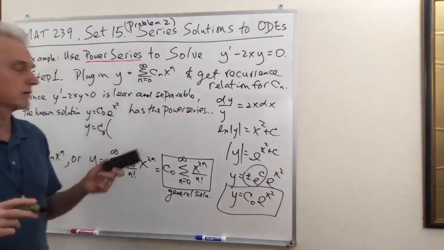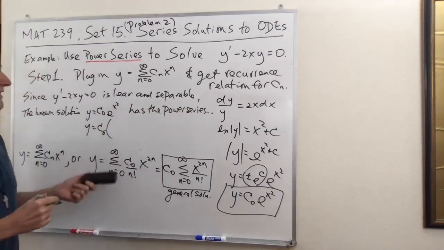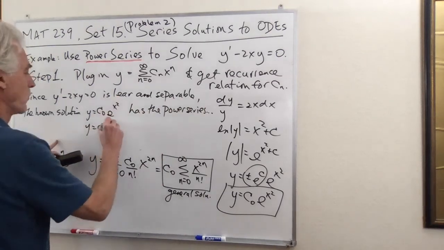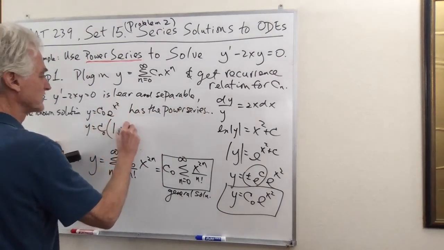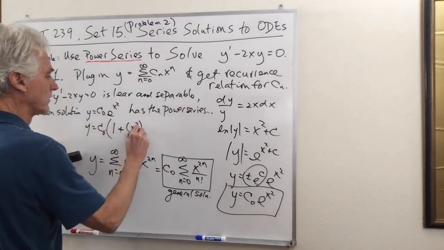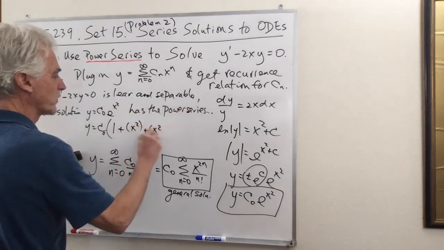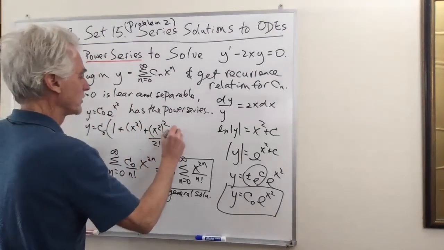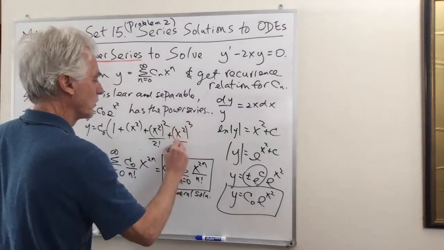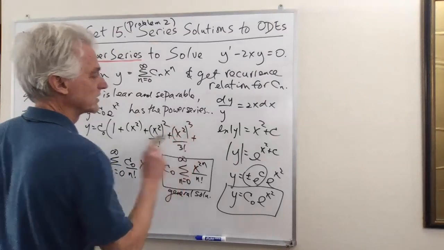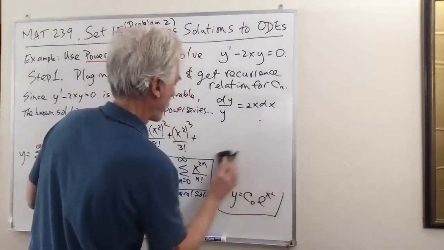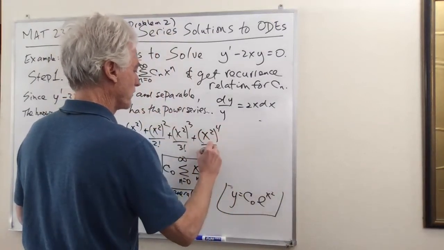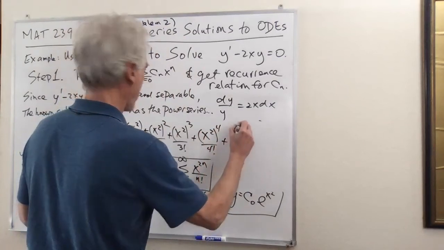Well, we know the power series for e to the anything: 1 plus the thing plus the thing squared over 2, and so on. So e to the x squared is 1 plus x squared plus x squared squared over 2, and I can put a factorial if I want, plus x squared cubed over 3 factorial plus x squared to the 4th over 4 factorial plus dot, dot, dot.